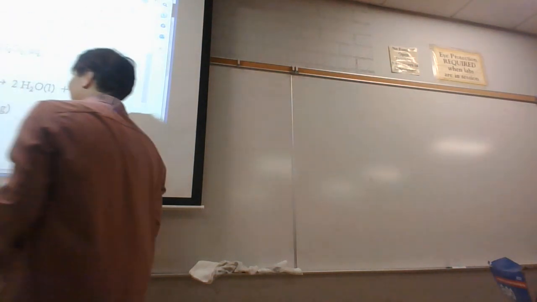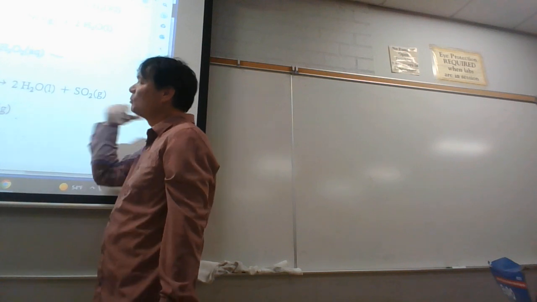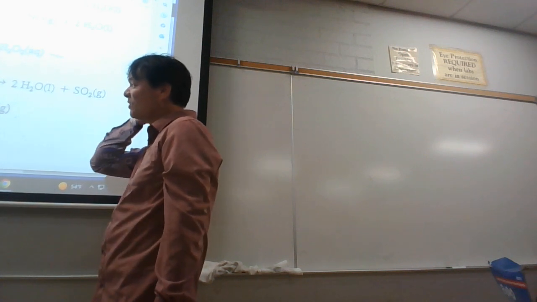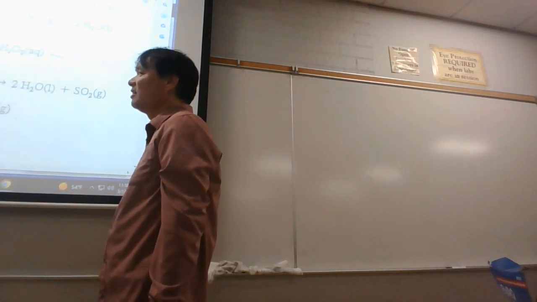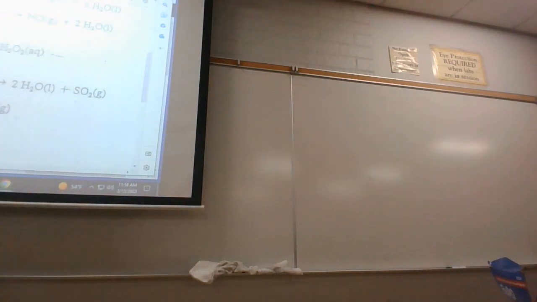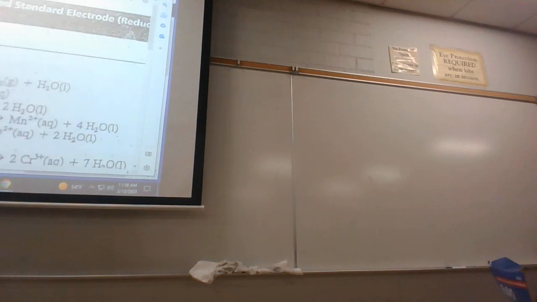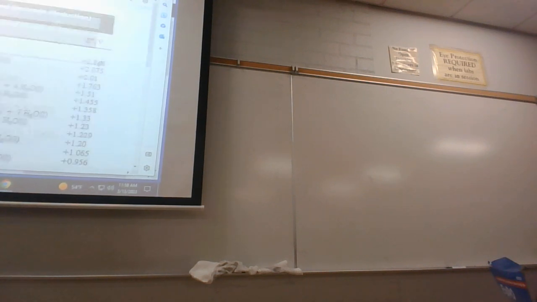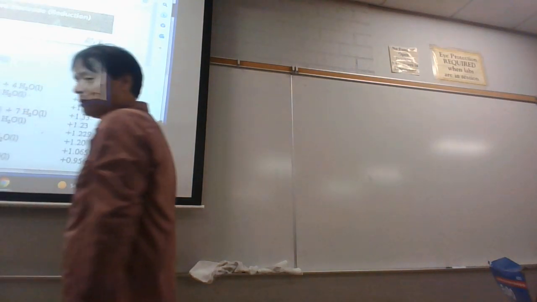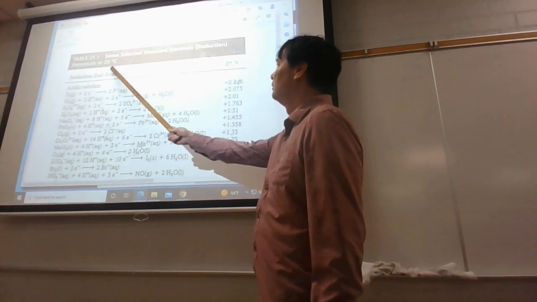The other thing is, this is under standard thermodynamic conditions. What are standard thermodynamic conditions? Not STP. That's standard temperature and pressure for gases. There's no standard temperature, but most stuff is given at room temperature.